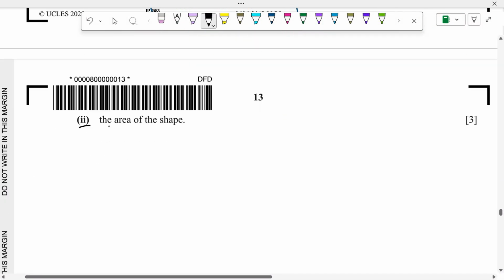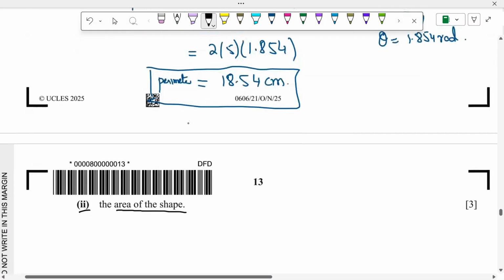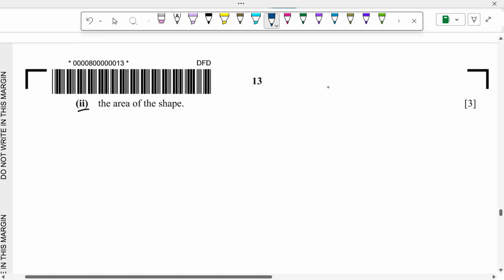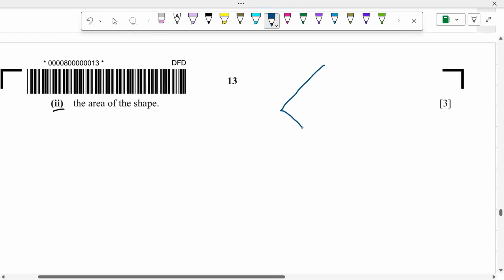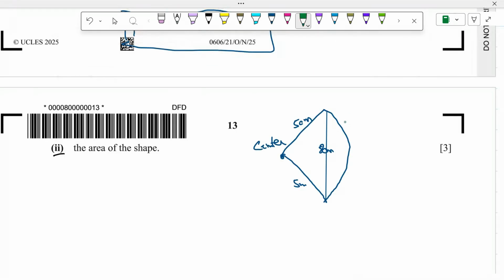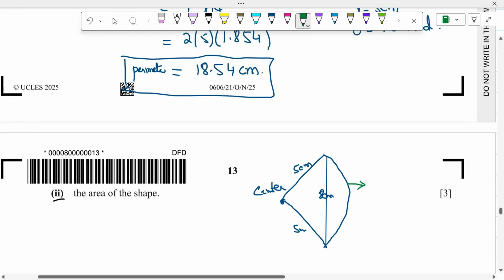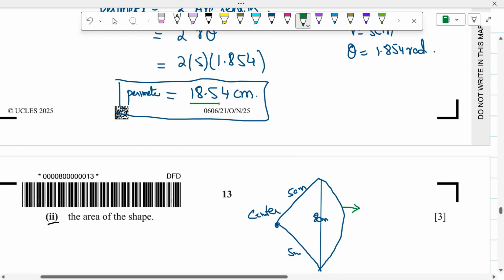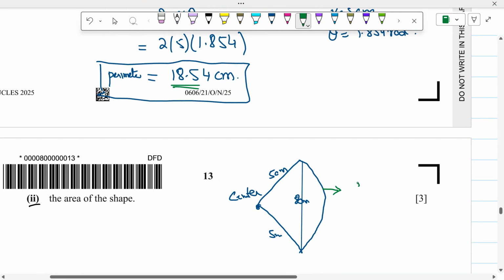Part 2. Find the area of the shape. We have this shape. Okay, first we draw the shape here. This is the center and this is 5 centimeters, and this one is 8 centimeters, this one is 5 centimeters. This is the arc length we just calculated, which is half of this value, and half of this value is equal to 9.27 centimeters.